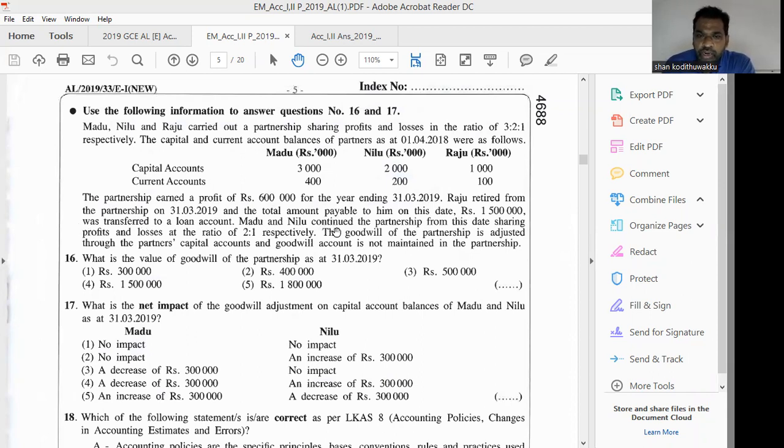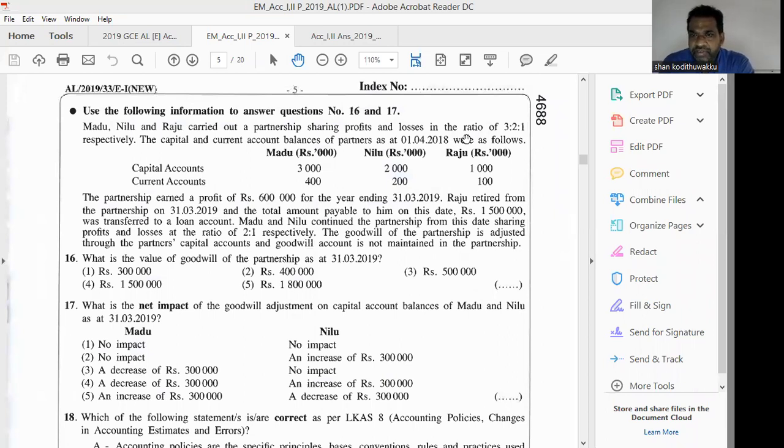Madhu and Nilu continued the partnership from this date, sharing profit and losses at the ratio of 2:1 respectively. That means after the retirement of the third partner Raju, the existing partners Madhu and Nilu agreed to share profits and losses between those two at 2:1 respectively.